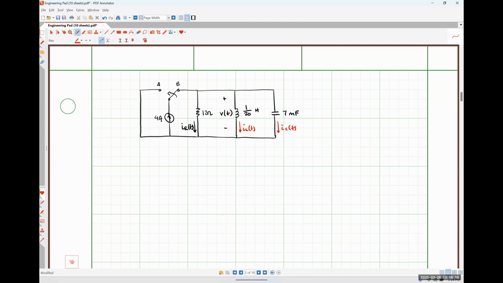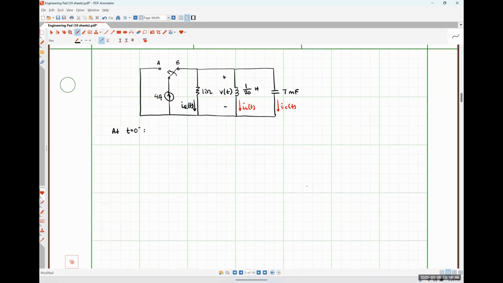So let's start by analyzing this circuit at t is equal to 0 minus. Okay. We are only going to bother with solving for what's going on with our energy storage elements at t is equal to 0 minus. We are literally not going to pay any attention to that resistor current until the very end of the problem, and I'll explain why we have to take that approach as we go through this procedure.